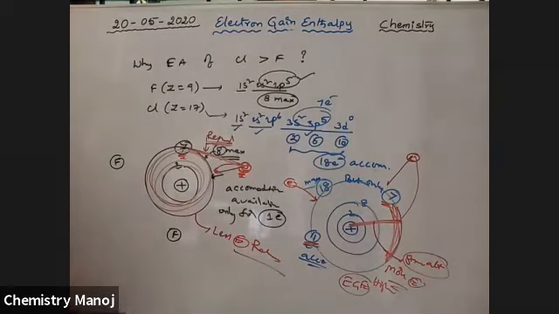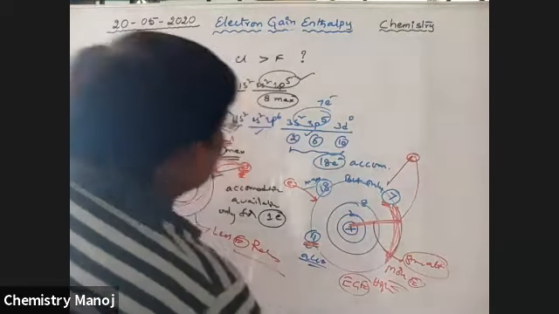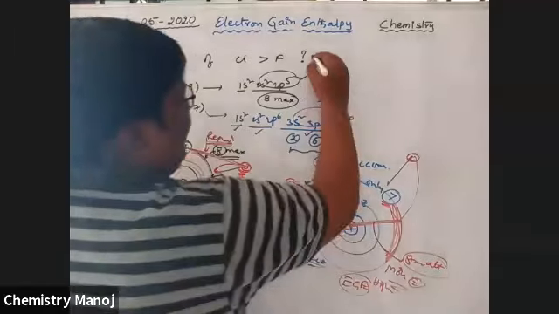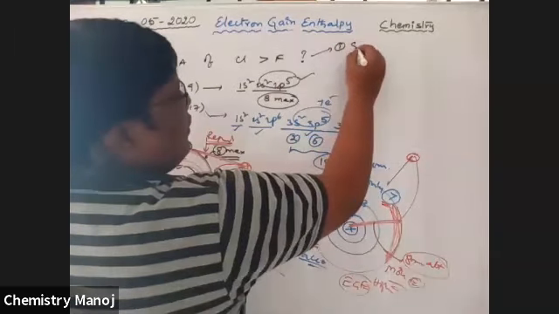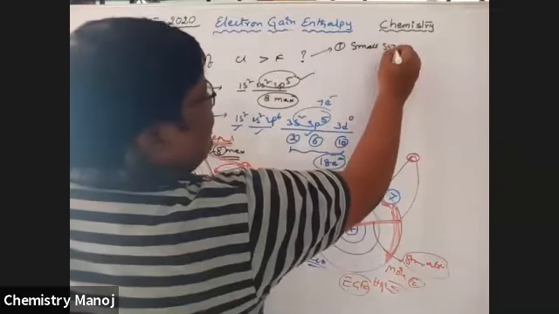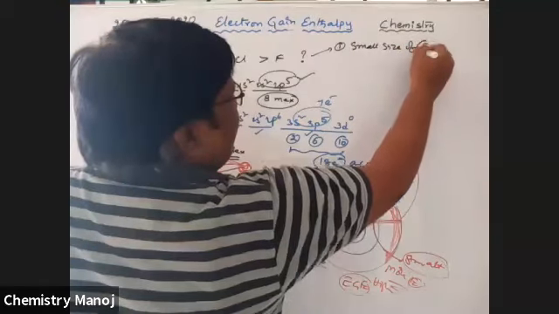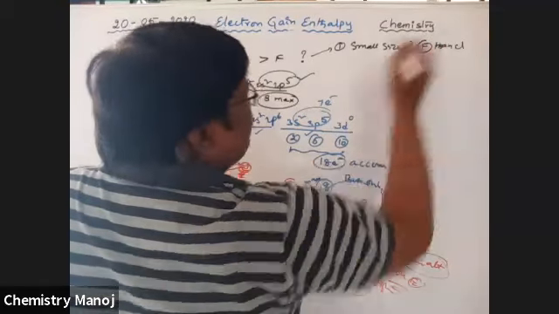So what is the reason behind it? Here there are two reasons. One, the small size of fluorine compared to chlorine.